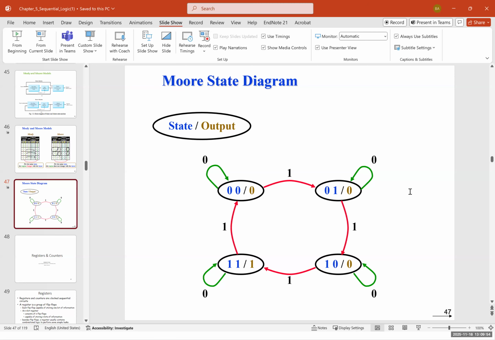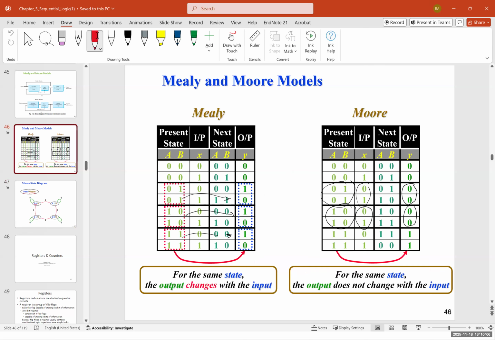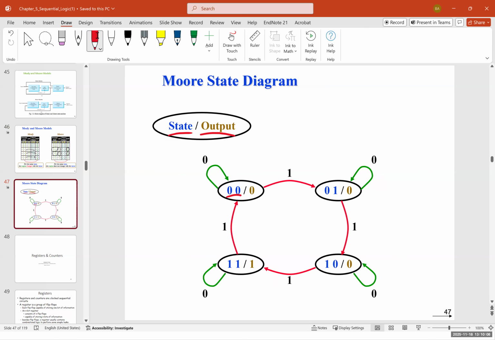So for a Moore state diagram, on the left we have the state, and on the right side we have the outputs. So for example, here the state is 0, 0. This is from the same table that we had before. The output is 0.